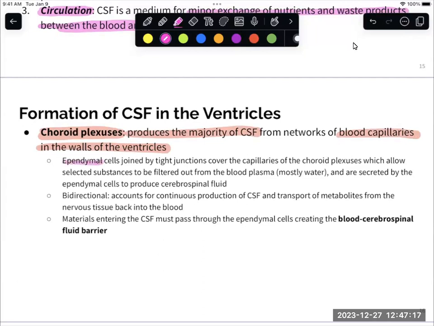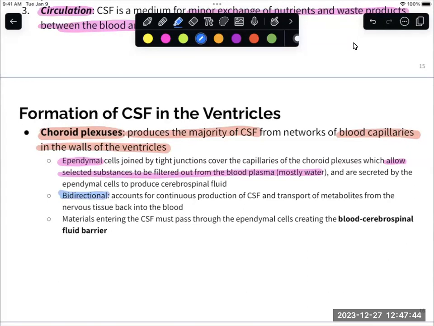Those ependymal cells, they allow certain substances to be filtered from the blood plasma, mostly that water. But it allows that glucose, those different ions, oxygen, and they work bidirectionally.